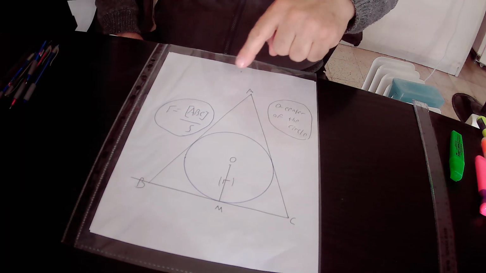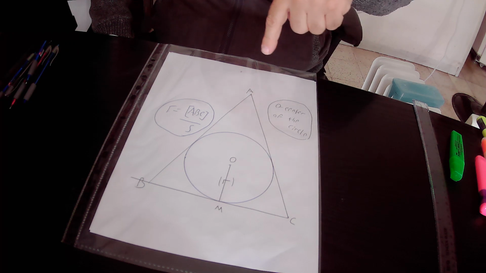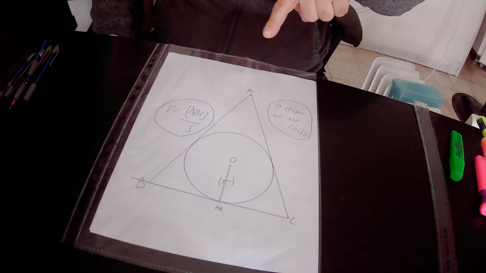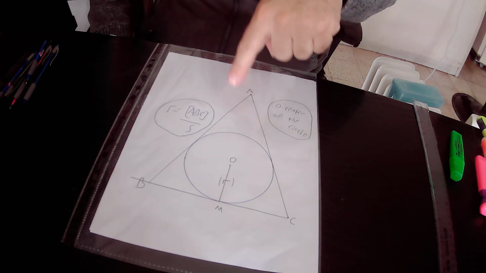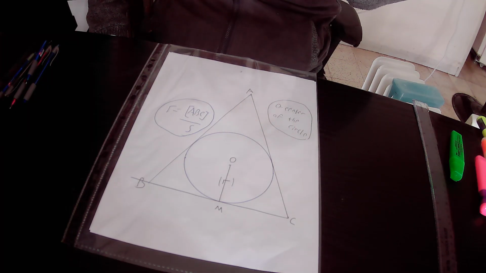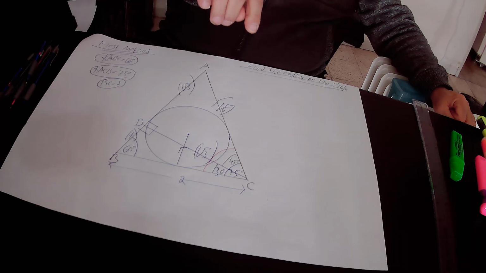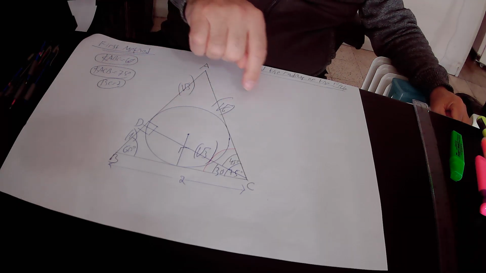We have a circle that is inscribed in this triangle ABC. So the radius R of this circle will be equal to the area of triangle ABC that encloses the circle, over the semi-perimeter of the same triangle ABC. We can implement rule number 15 whenever we have a circle that is inscribed in a triangle.